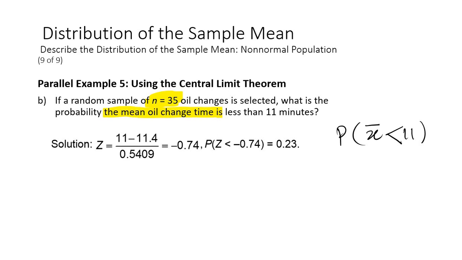In other words, we're going to use the distribution of the sample mean. And since we know that the sample size is big enough and the distribution of the sample mean will be normal according to the central limit theorem, then we can apply the rules of normal distribution that we learned about in week 8. So now we need to standardize the 11.